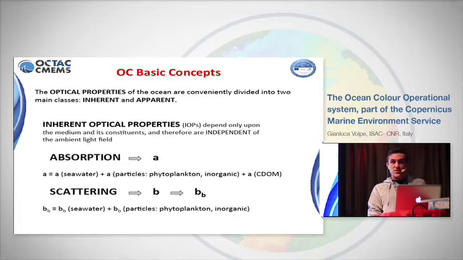These are the absorption and scattering. They are both made of the additive contributions of the single elements. For example, we have the seawater, particles, both phytoplankton and non-algal particles, and the CDOM contributing to the absorption, and the seawater and particles contributing to the scattering.